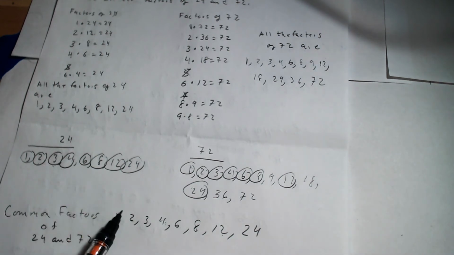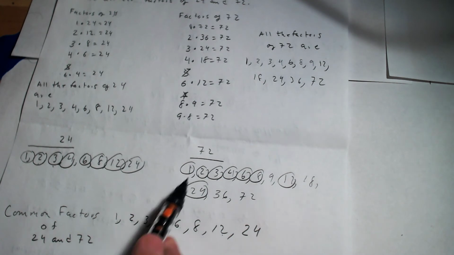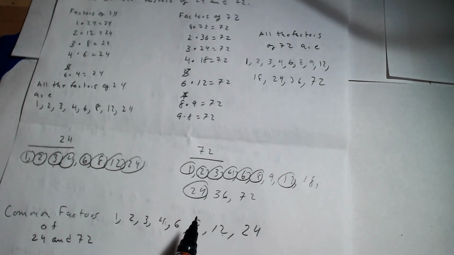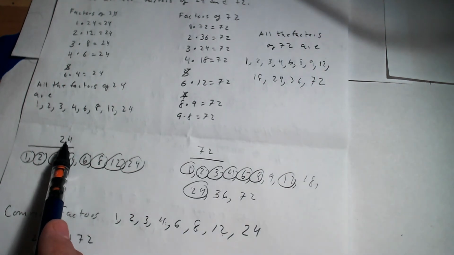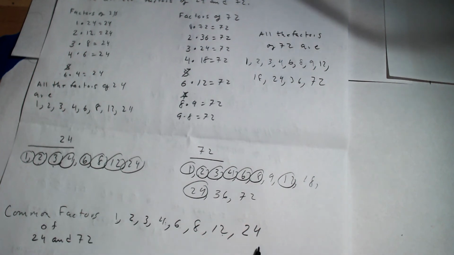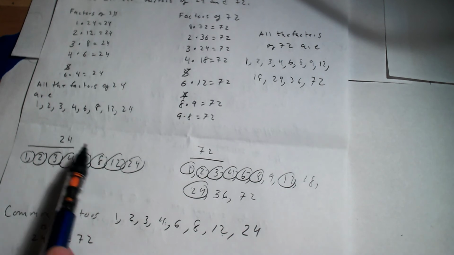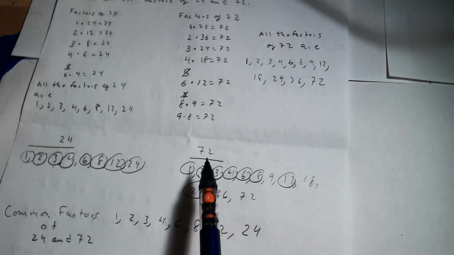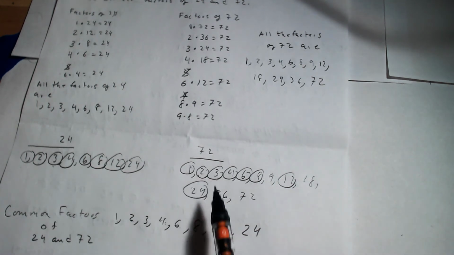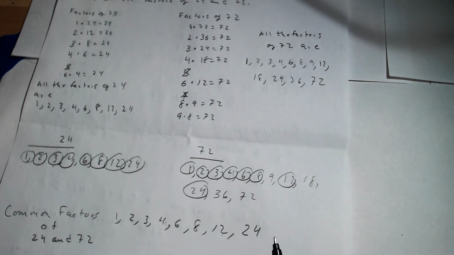Every time you divide 24 by these whole numbers, you get a whole number: 24 divided by 1 is 24, by 2 is 12, by 3 is 8, and so forth. 72 divided by 2 is 36, 72 divided by 4 is 18. These numbers divide 24 and 72 evenly. In other words, the remainder is always going to be 0.